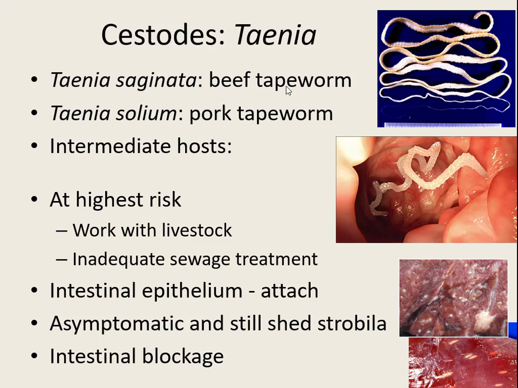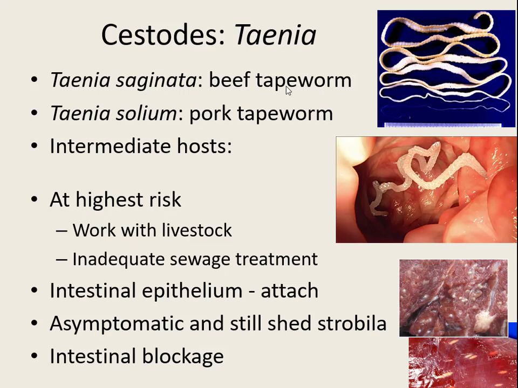This is when we get into our area that usually includes the Amish. If they don't have sewer or septic systems in their house, they use outhouses, which is inadequate sewage treatment. And if there's any chance that one of their farm animals is going to ingest any of that and get the eggs, and then they eat undercooked meat, it starts that life cycle over and over again.